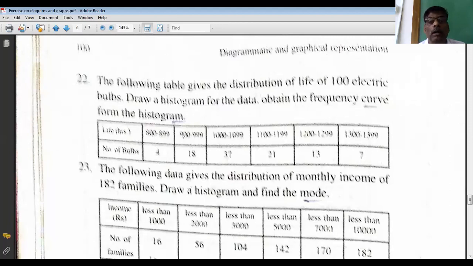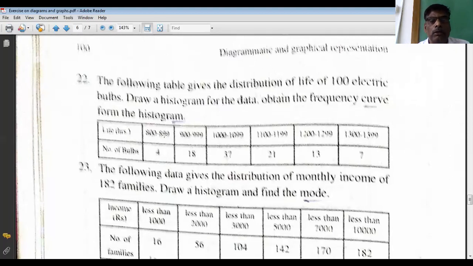If you divide this, the answer is 899.5. Therefore, you increase the upper limit by 0.5 and decrease the lower limit by 0.5. Okay. Once again, I'll tell you.